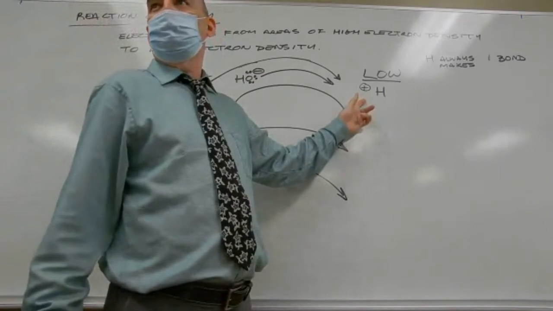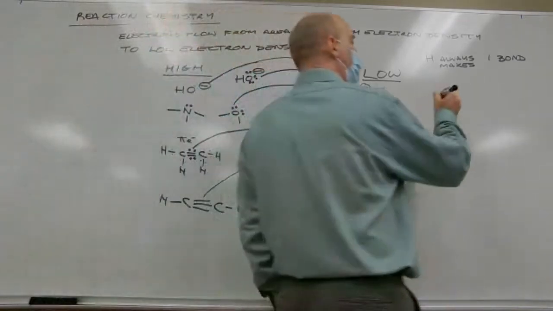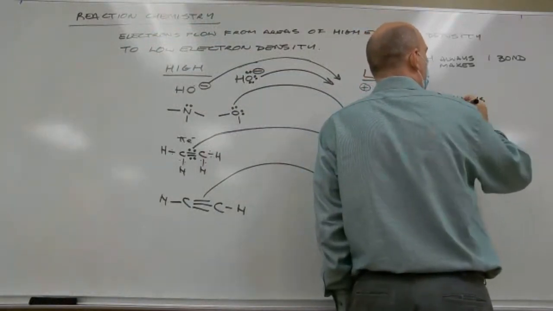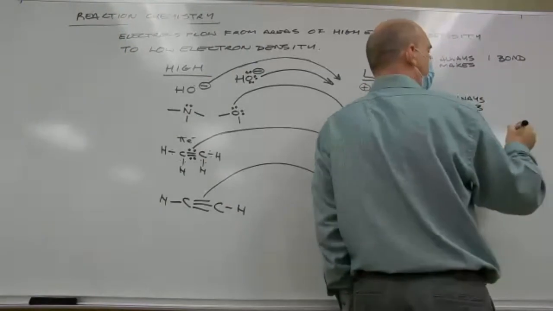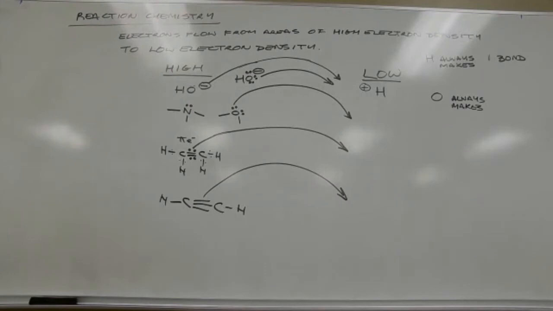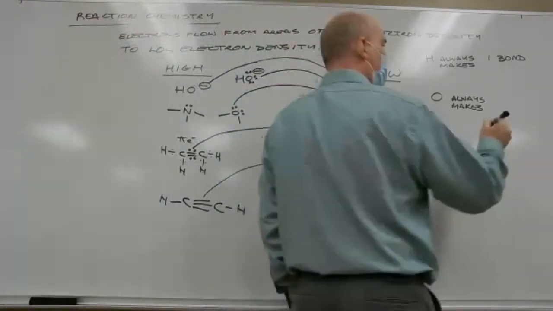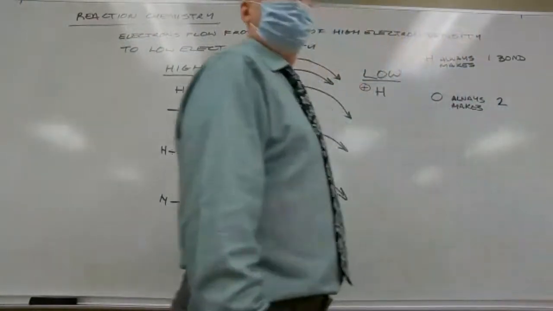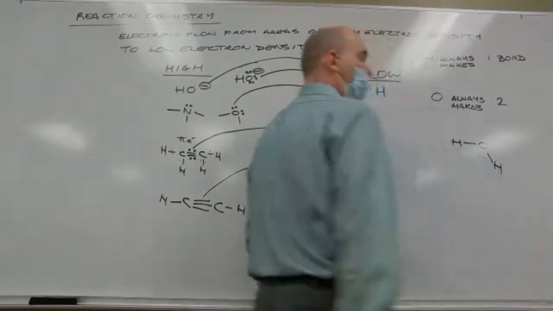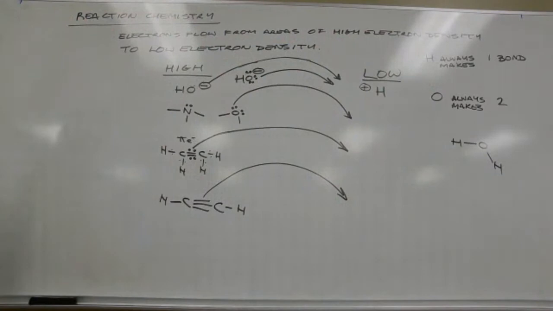This one doesn't. This one doesn't have one bond. Remember that part where we said oxygen always makes how many bonds? People at home, how many bonds does oxygen always make? 5, 4, 3. Yes. That should just be an immediate automatic answer. Oxygen always makes 2 bonds. There's oxygen always making 2 bonds.